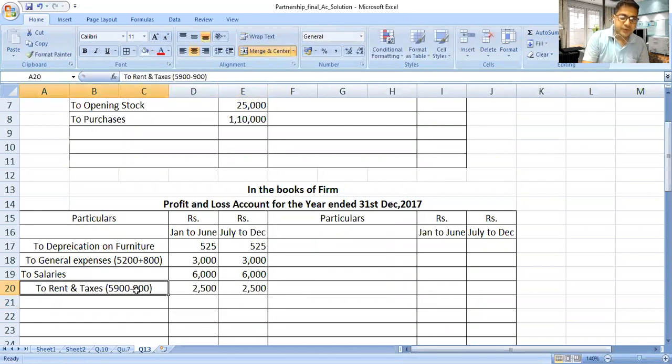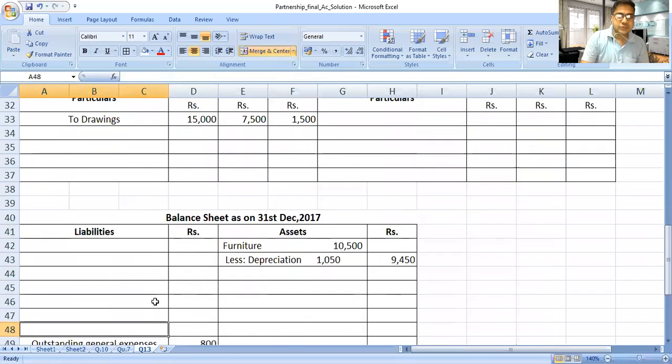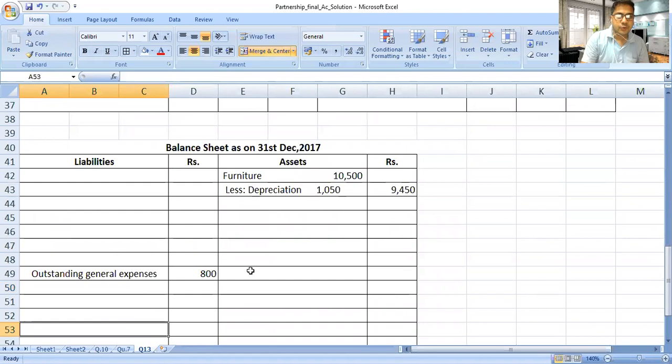Now this prepaid value 900 we have to show on the balance sheet, asset side, and we will write here prepaid rent, value is 900. After recording this, it's very simple.